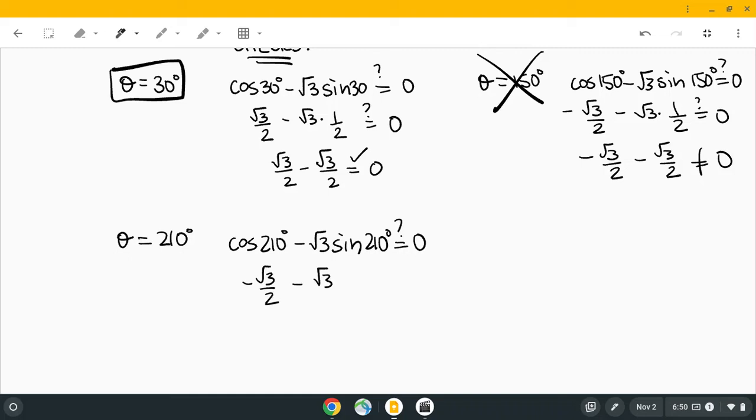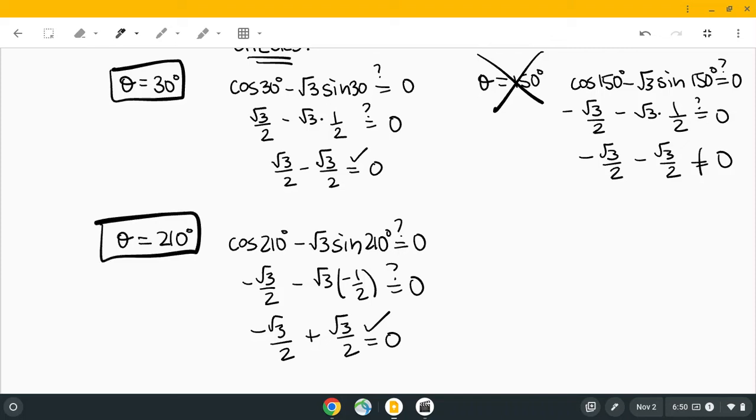Sine of 210 degrees, that is on the negative side as well. So this one is negative 1/2. So does this equal 0? It looks like it does, because this double negative becomes positive. And so yes, 210 does work.